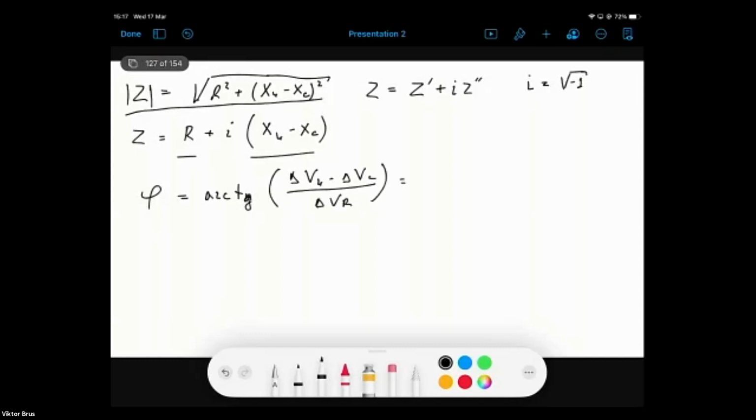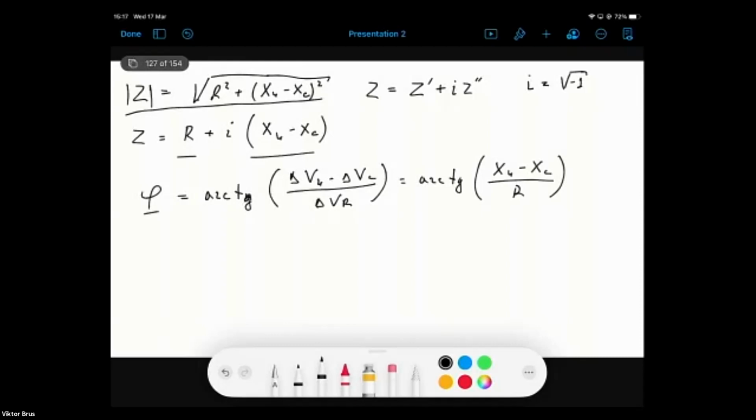And in other form, we can represent it in terms of reactance and resistance. It will be arc tangents of XL minus XC over R. So this is the expression for the phase shift.